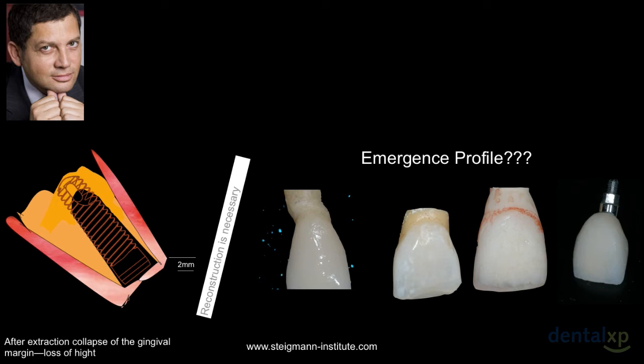So we have different options: to under contour the midfacial part and over contour for interproximal soft tissue pressure, which you see in the third option, or to under contour everything in the transition zone to give more space for the soft tissue interproximally and at the buccal aspect.